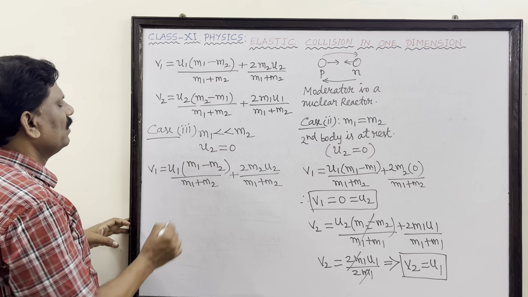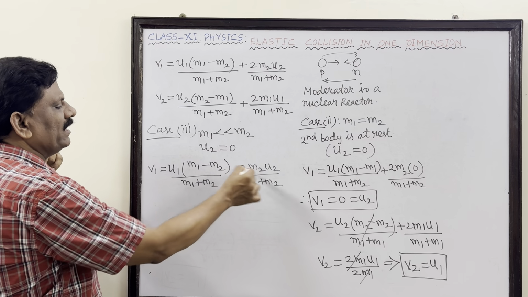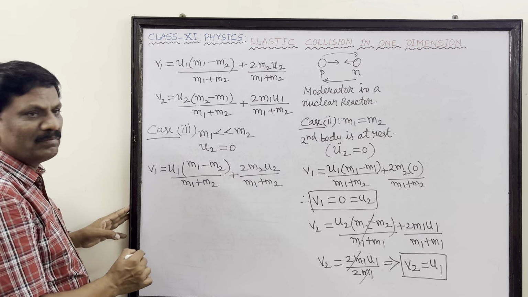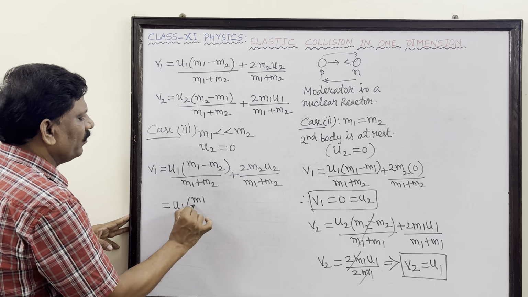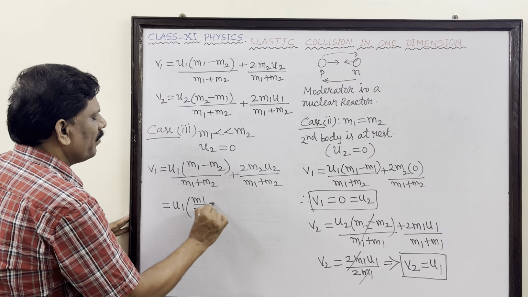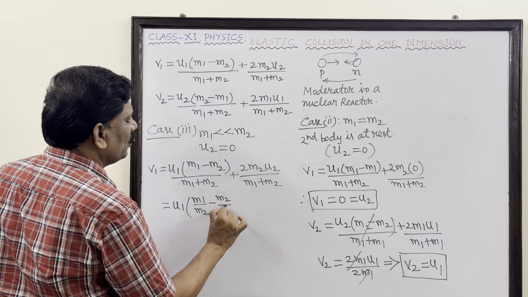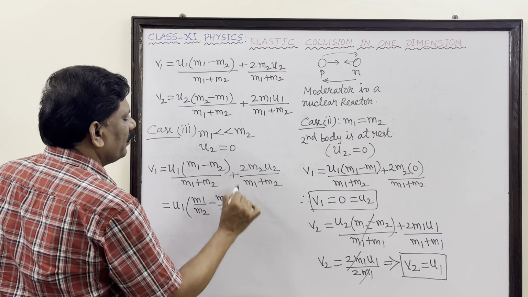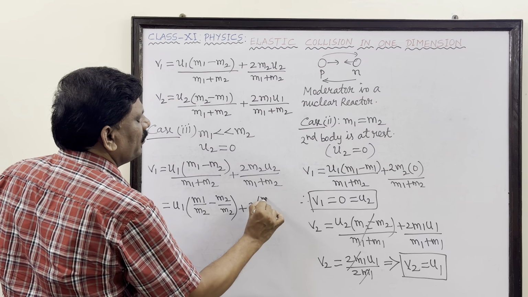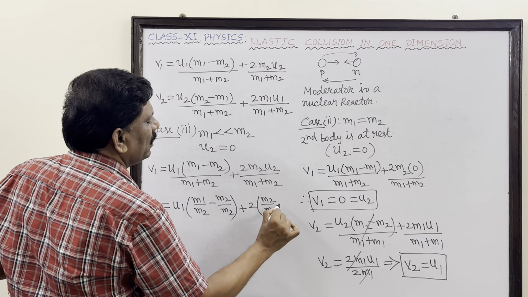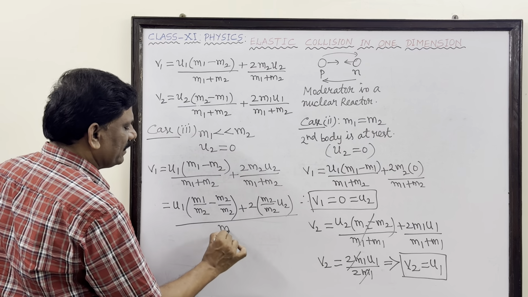Now I will divide each term of the numerator by m2. So this is equal to u1 into (m1 by m2 minus m2 by m2), plus 2 into m2 by m2 into u2, divided by (m1 plus m2).